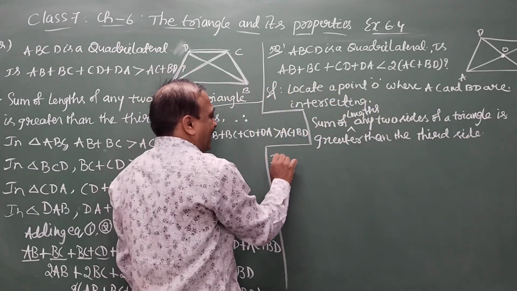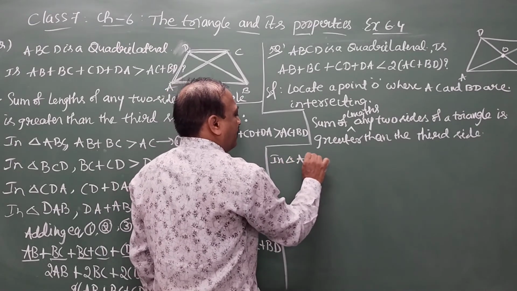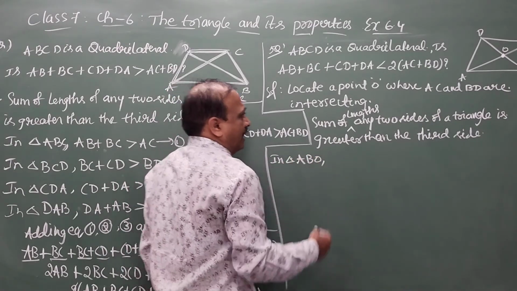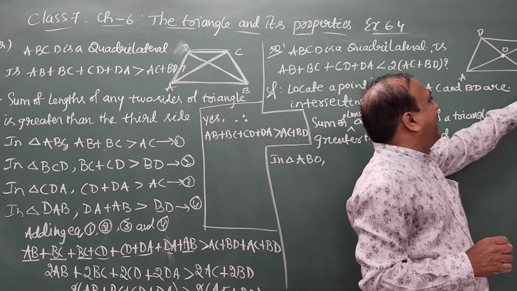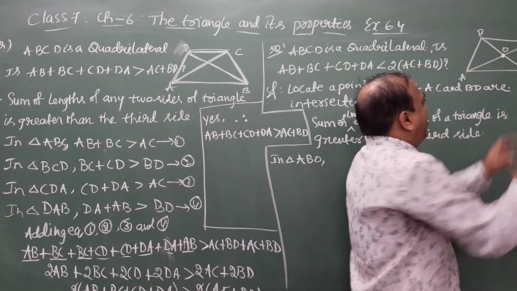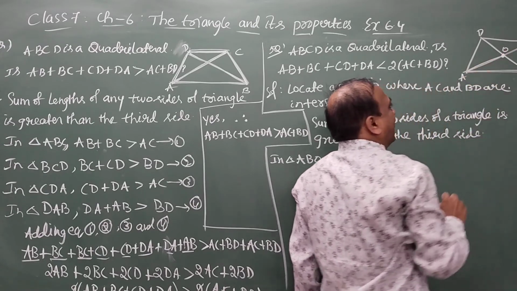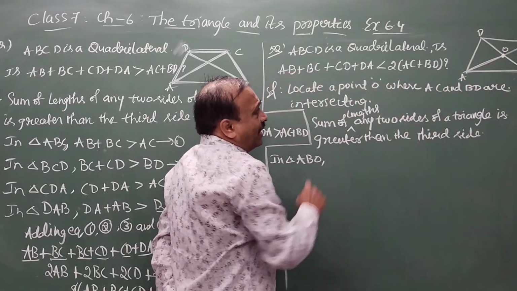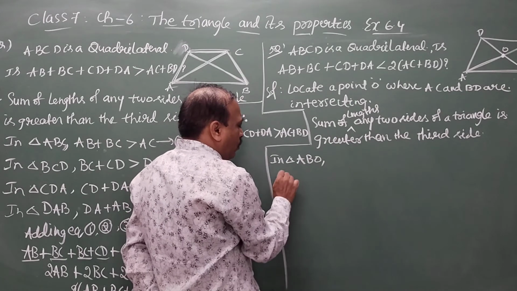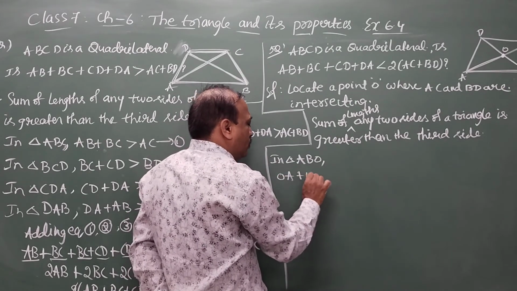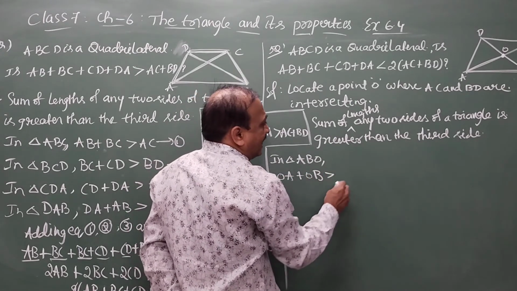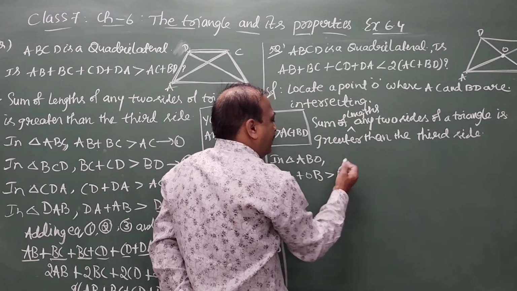Now in triangle ABO, observe the triangle which I am considering, ABO, this triangle. If you add OA plus OB, it is greater than AB.